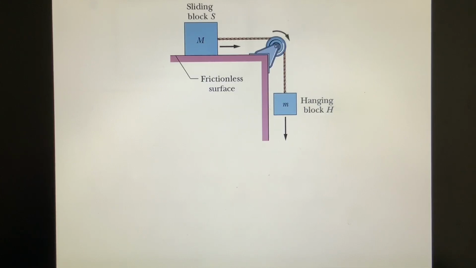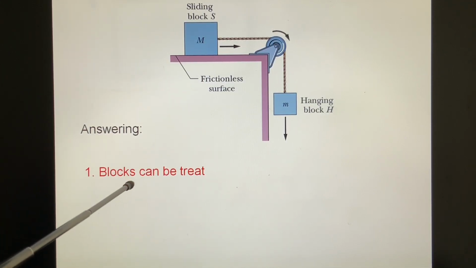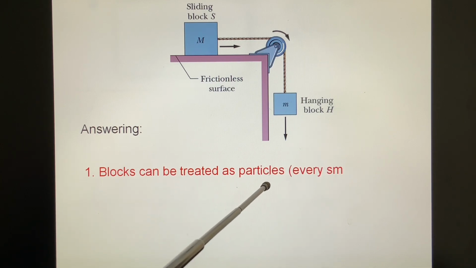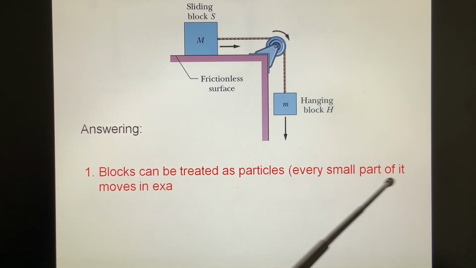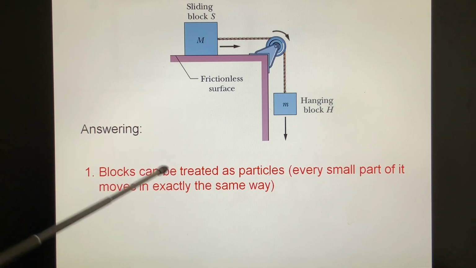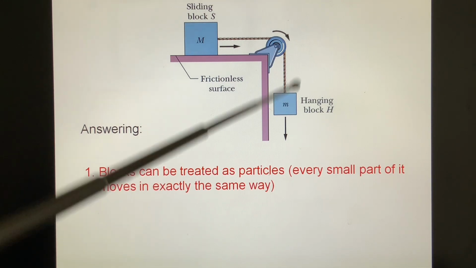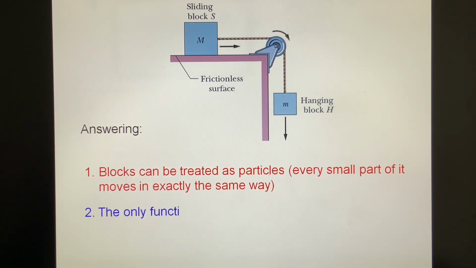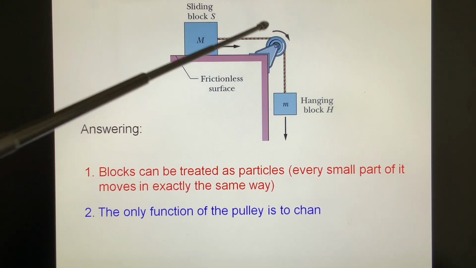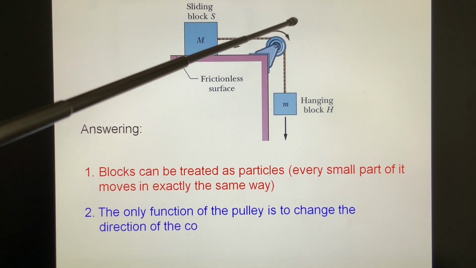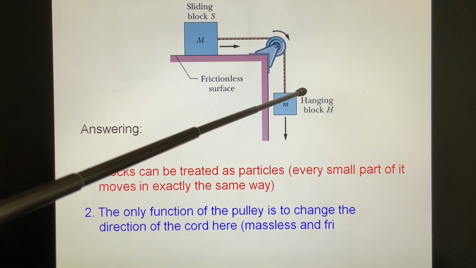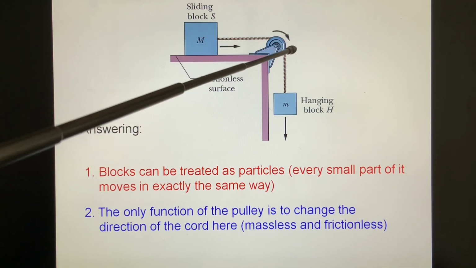Now, answering. First, blocks can be treated as particles, which means every small part of the block moves in exactly the same way. Second, the only function of the pulley is to change the direction of the cord, here massless and frictionless.